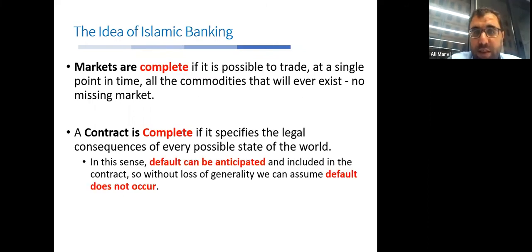In this sense, if we can anticipate defaults and include that in the contract, we can assume that default does not occur, because we previously anticipated that, and we designed enough conditions for that case.